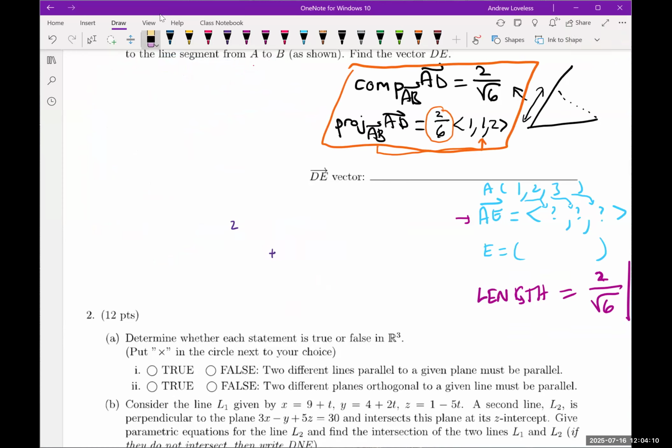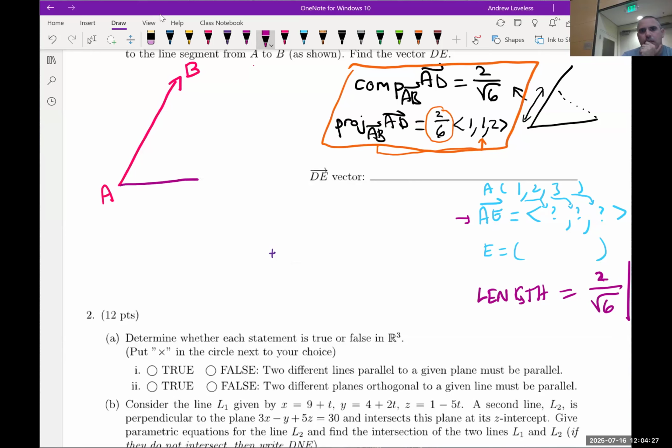Wait, question. Can you label the triangle? Because I still get confused. I get the idea that AD is getting projected onto AB, but where is what located on the supposed triangle? How do you know which one is which? Oh, in the formula, that's part of maybe the issue, but whatever's in the subscript is the base.